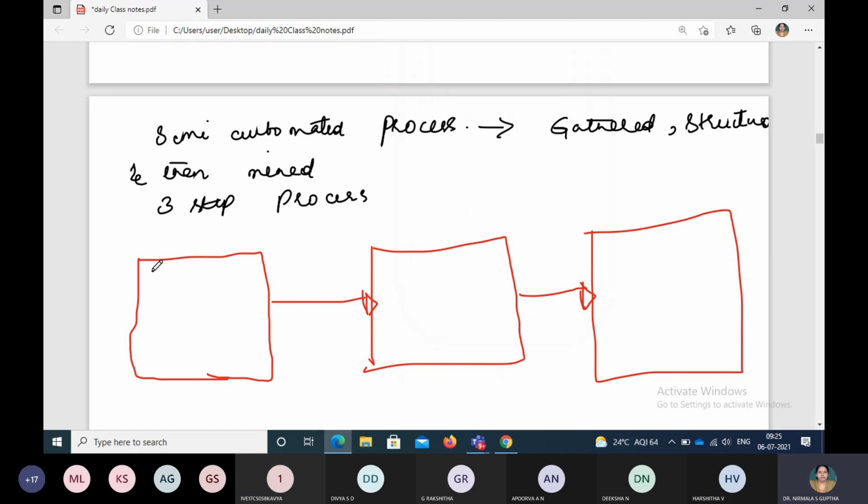When I say the 3-step process, the first step is establishing the corpus of text.